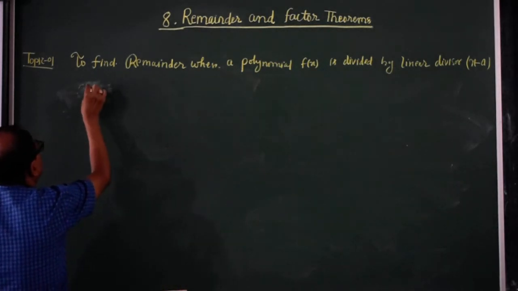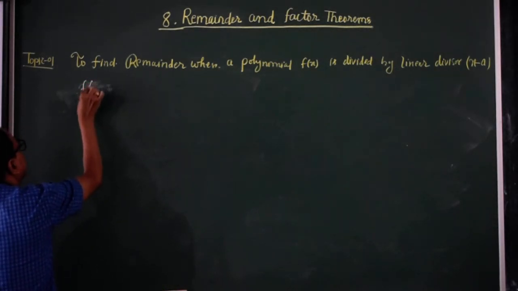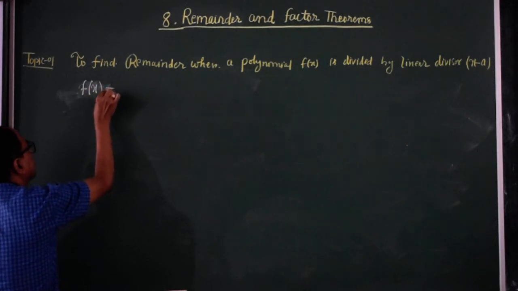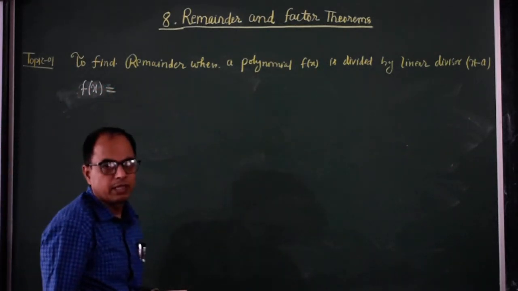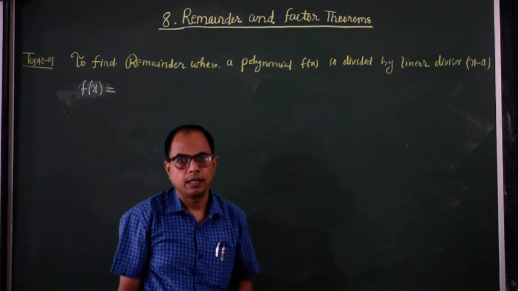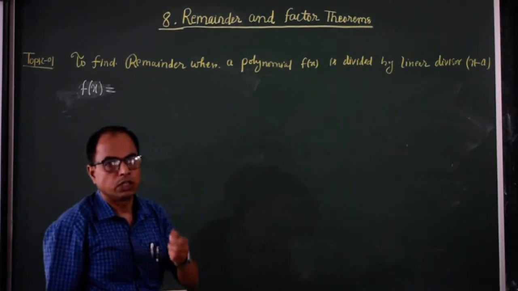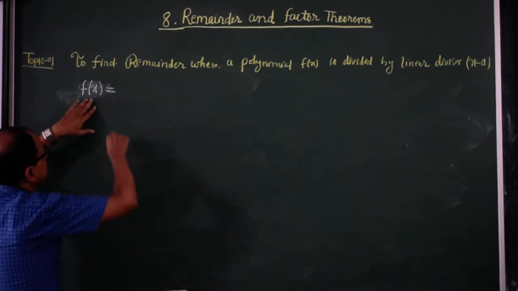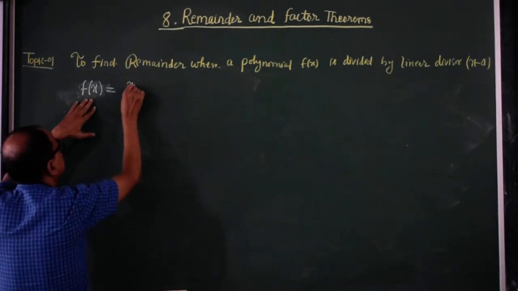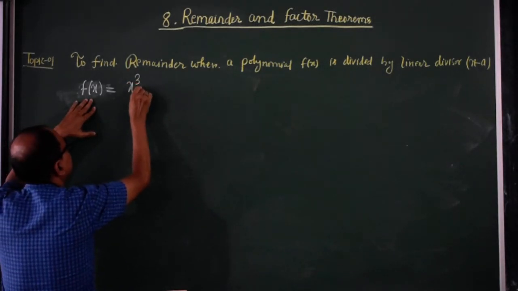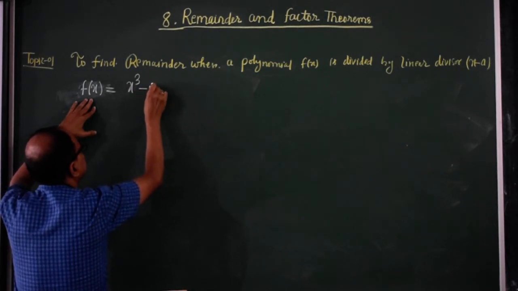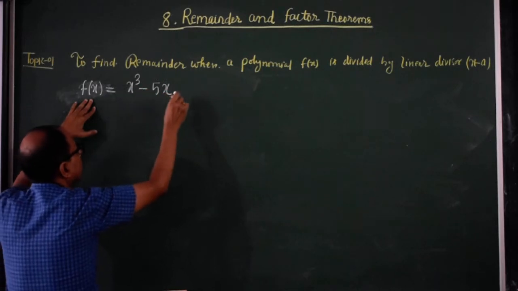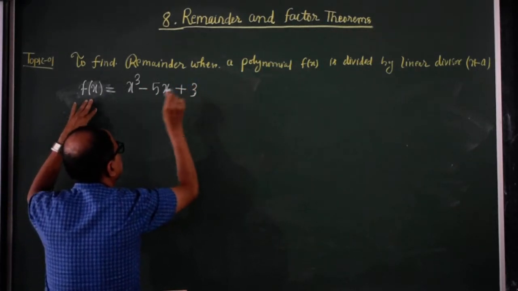Now suppose a polynomial f(x). Here a polynomial can be represented by f(x), a(x). They are the general notation for polynomial. So we are using here f(x). Let f(x) be a polynomial, let it be x cube minus 5x plus 3.